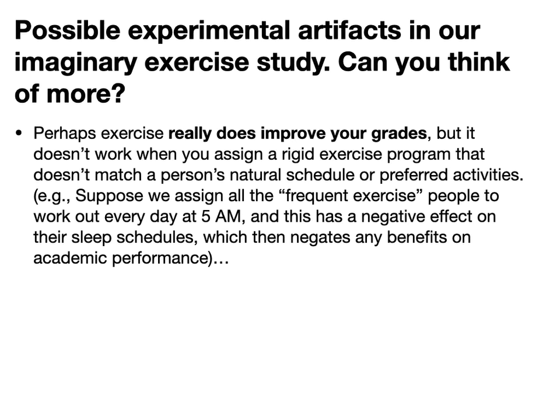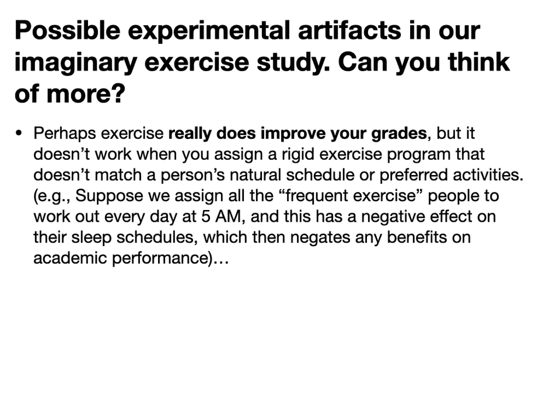Scenario number 1: imagine exercise really does improve student grades, but maybe it doesn't work when you assign a rigid exercise program that doesn't match a person's natural daily rhythms. For example, let's say in our experiment, we assign the frequent exercisers to wake up at 5 a.m. every day and exercise from 5:30 to 6:30 in the morning.